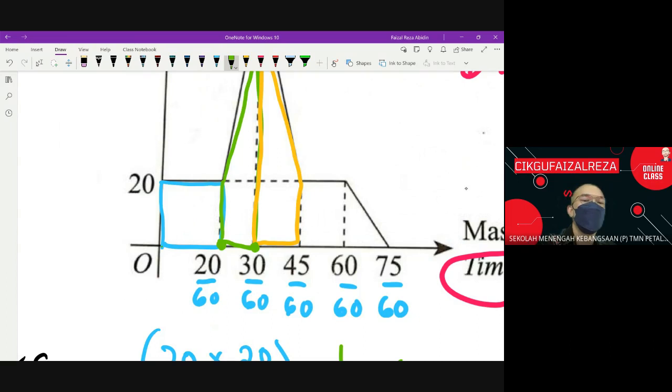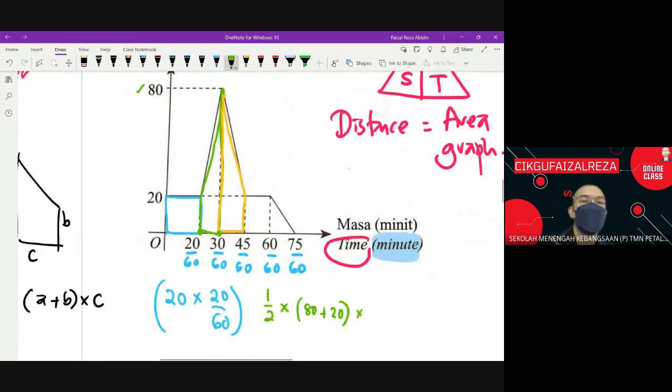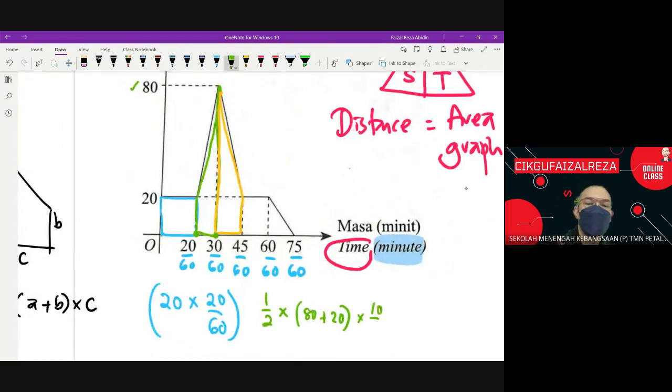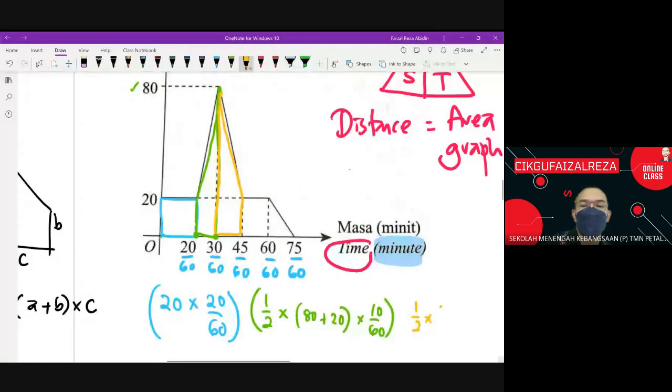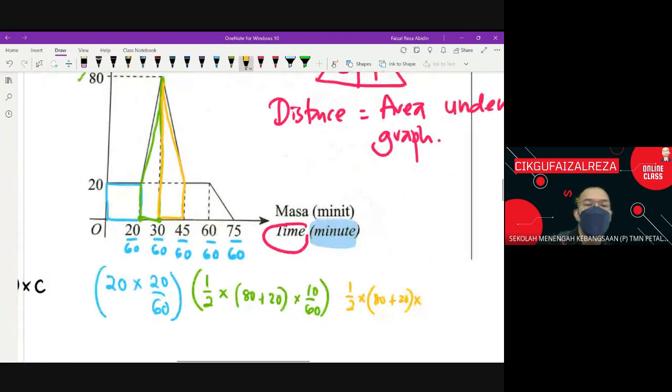So 30 minus 20, you are going to get what? 10 over 60. Sama lah, 1 over 2 times 80 and 20 also, right? 80 plus 20. And then times this one, 45 minus 30, 15 over 60.